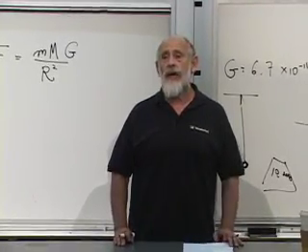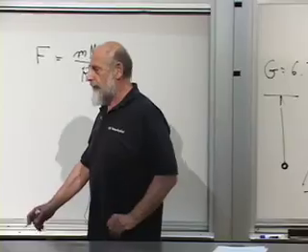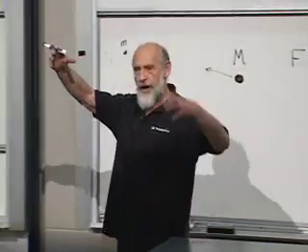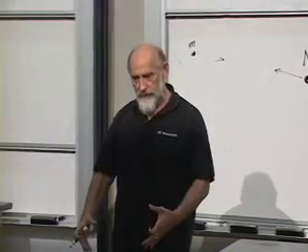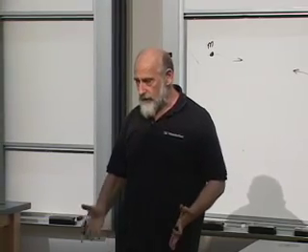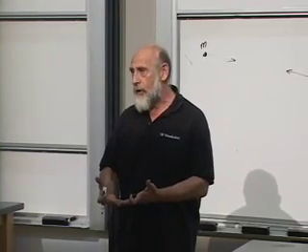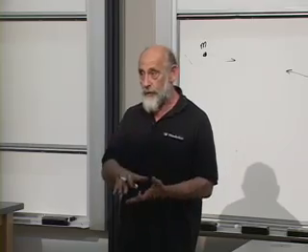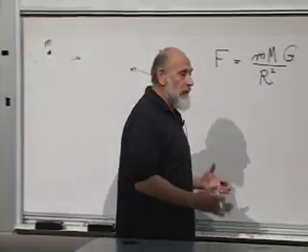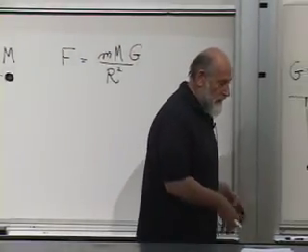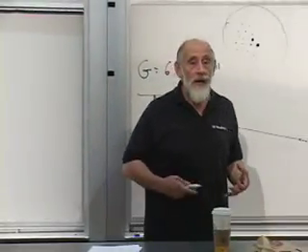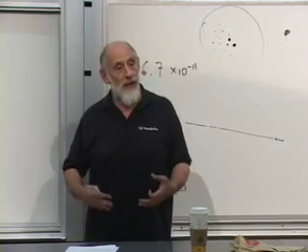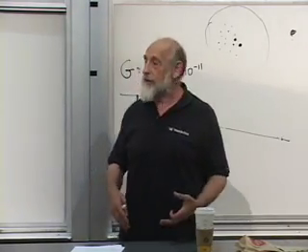Why does the Earth accelerate? If I drop from a certain height, I accelerate down. The Earth hardly accelerates at all, even though the forces are equal. If my force on the Earth and the Earth's force on me are equal, why is it that the Earth accelerates so little and I accelerate so much?